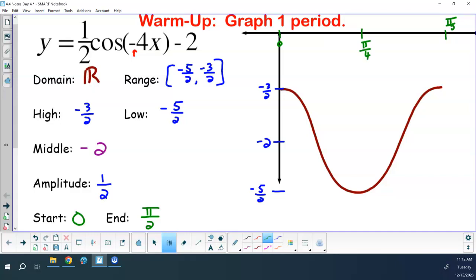Which means halfway is pi over 8, which means halfway is 3 pi over 8.